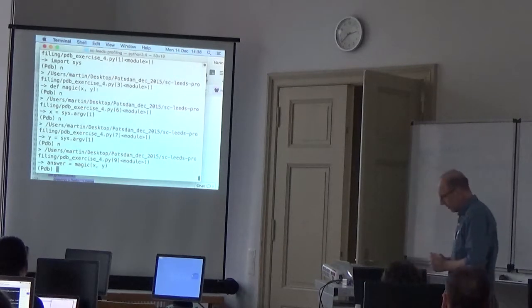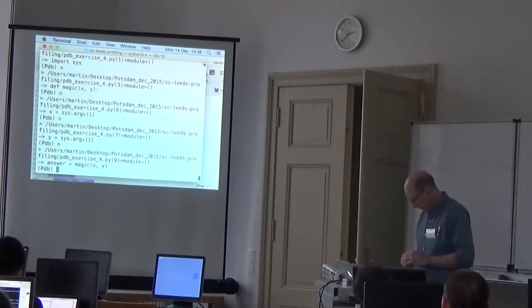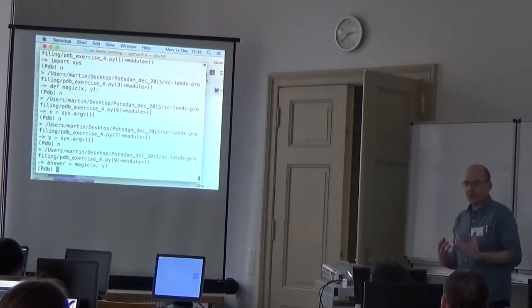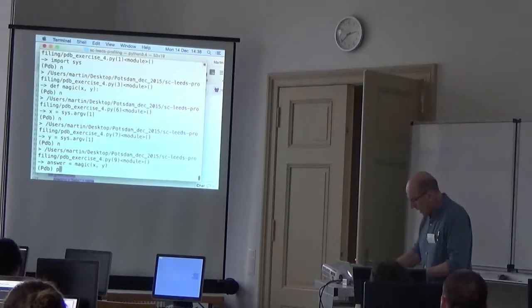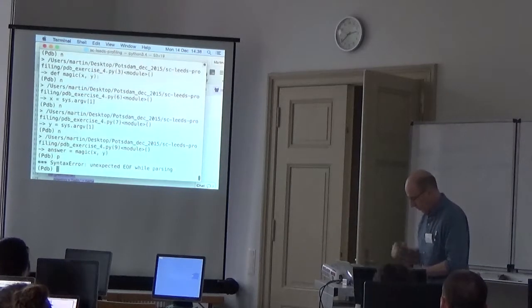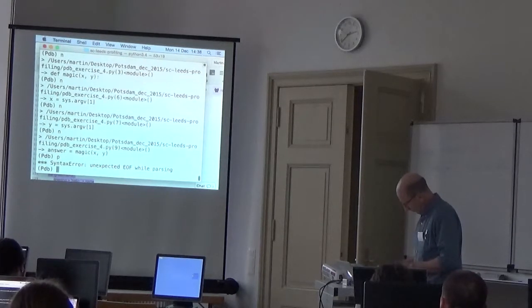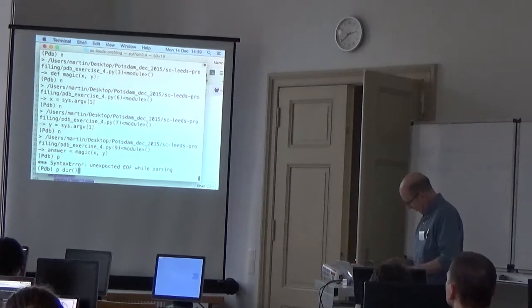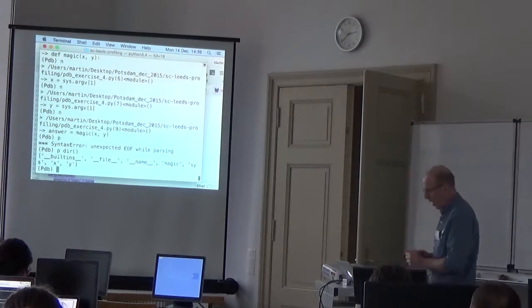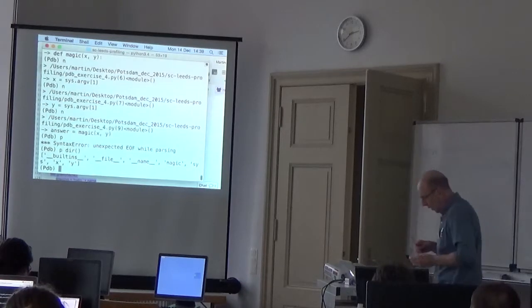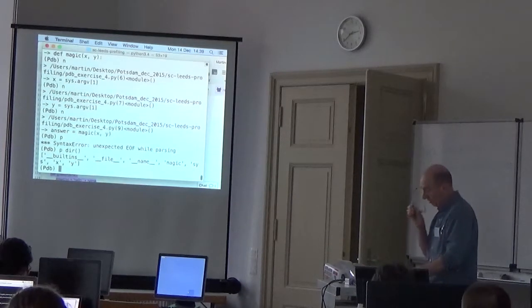So at this point, x and y should have got some values. Now if I use the p command with dir, so pdir gives me all of the variables that are in the current scope of the program.